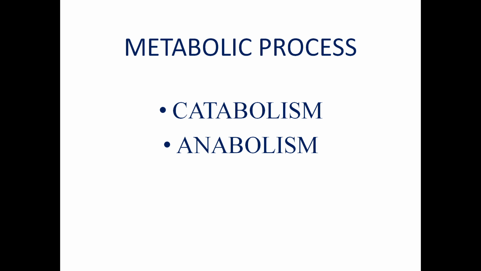This metabolic process releases energy. The other one is anabolism. Anabolism is the process mainly involved in building up or synthesizing compounds from simpler substances required by the cells. This metabolic process requires and stores energy.